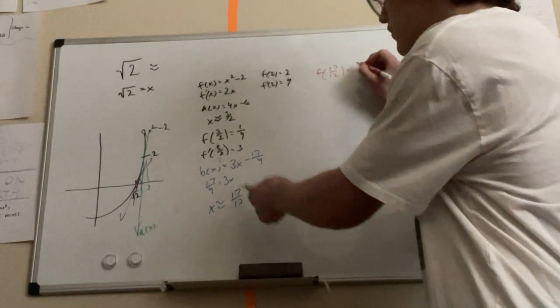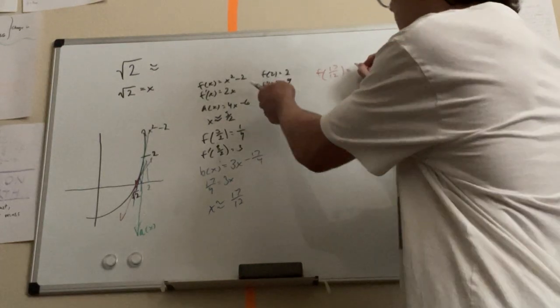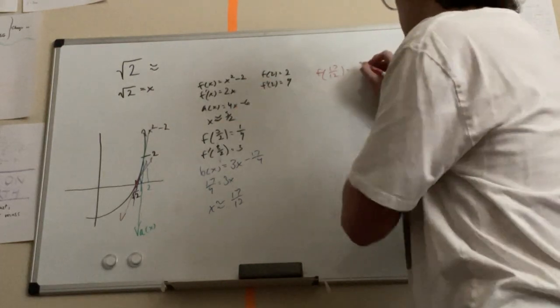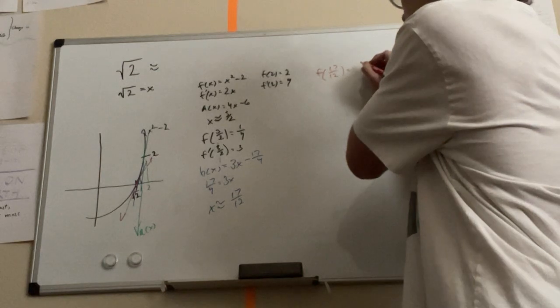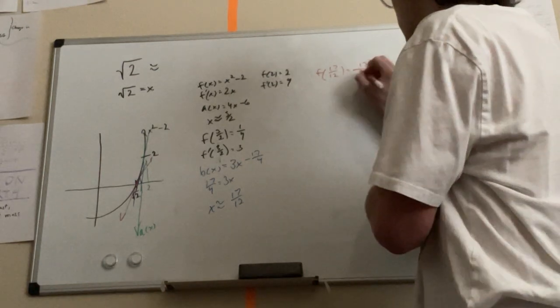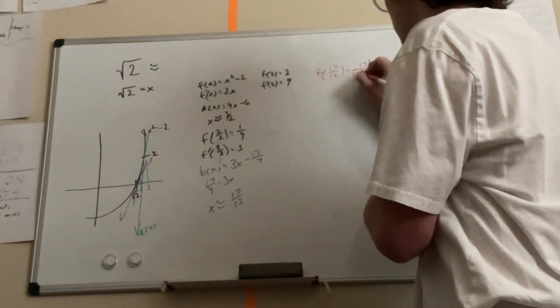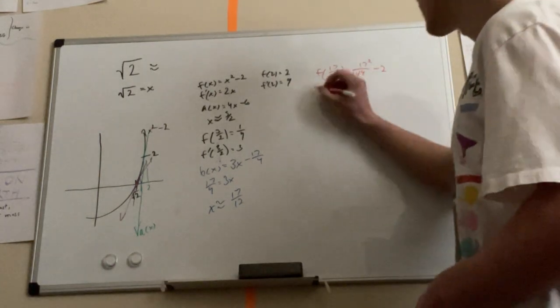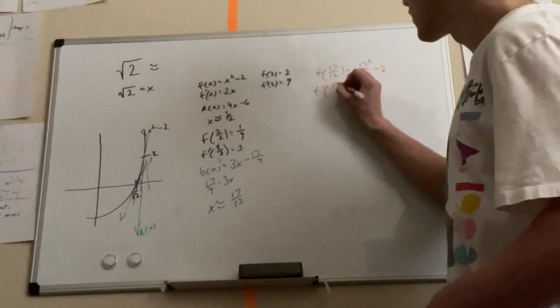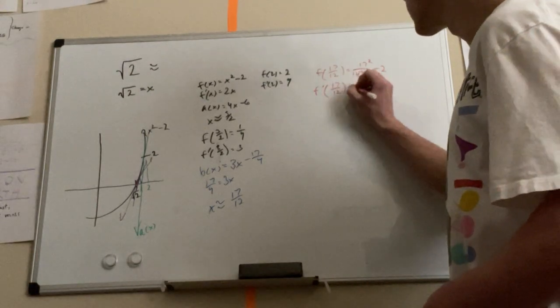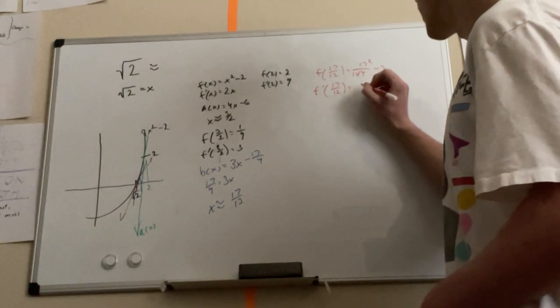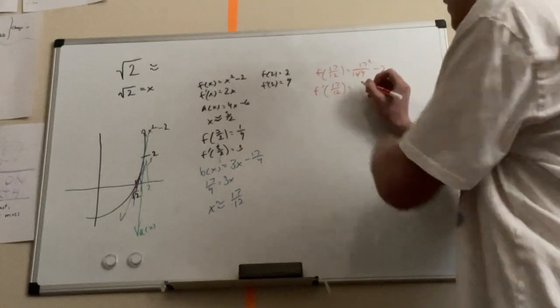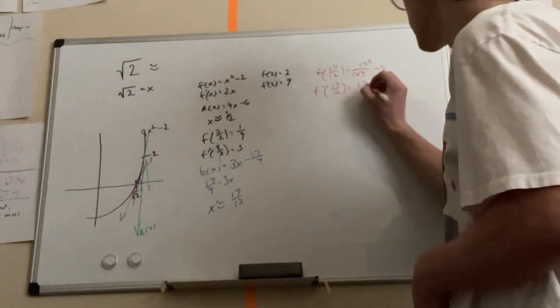Then what do we have? What's the function? Yeah, we plug it in because this is f of x. And then we get 17 squared over 144 minus 2. Okay, so it's getting kind of rambunctious. And then f prime of 17/12, that would be 17/6.